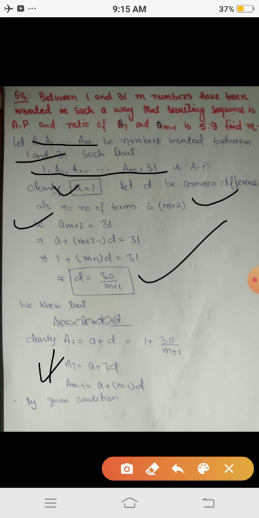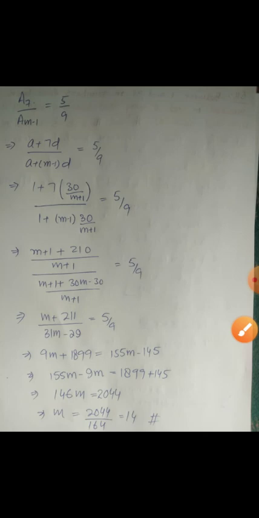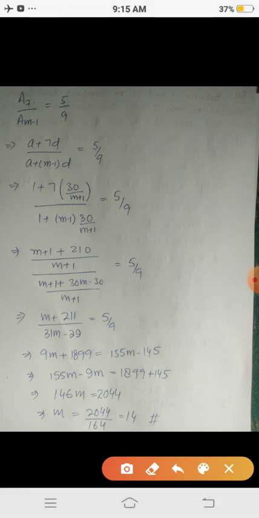By the given condition, the 7th number upon the m minus 1th number is 5 by 9. That is, A7 upon A m minus 1 is 5 by 9, or a plus 7d upon a plus m minus 1 into d is 5 by 9.